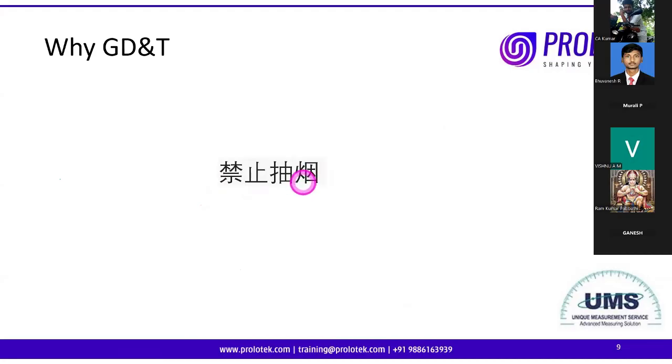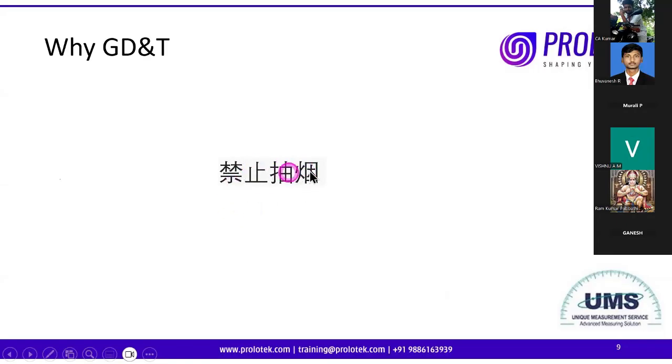It might get manufactured here, or in China or Taiwan, and it would get assembled over there. And finally, the assembled product would go to America for use. So we have a cross-functional team across geographical regions communicating about the product. If language becomes a barrier, it would become very difficult.